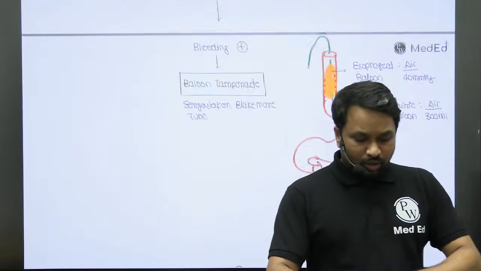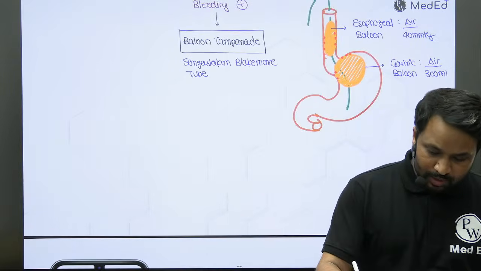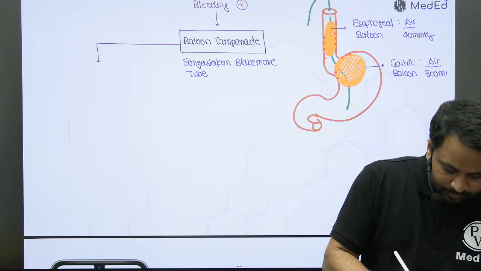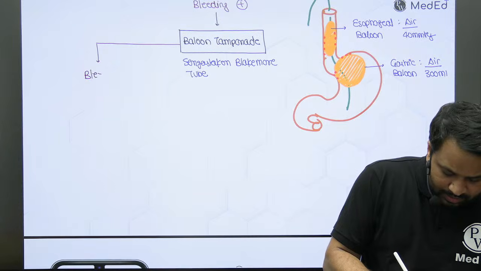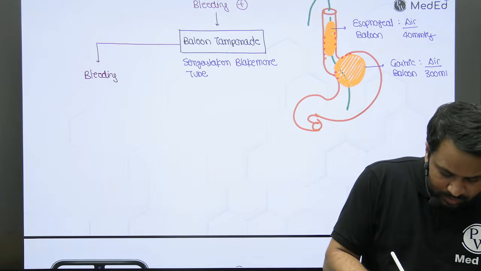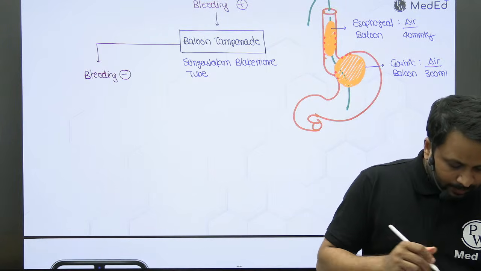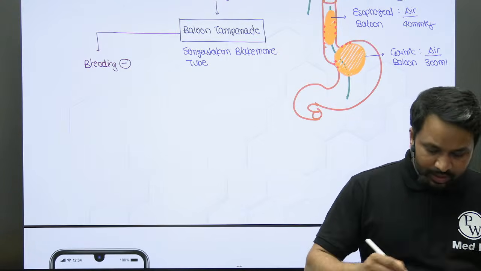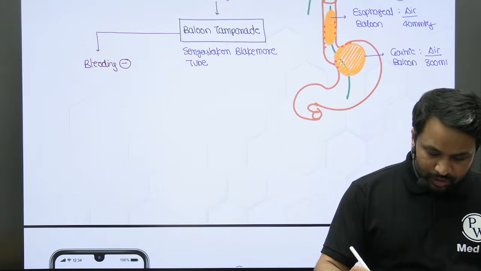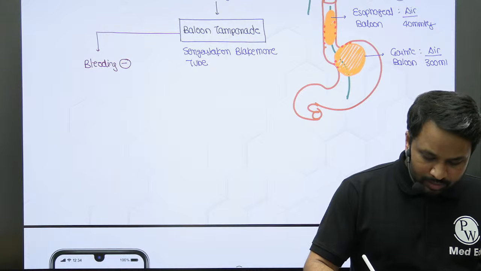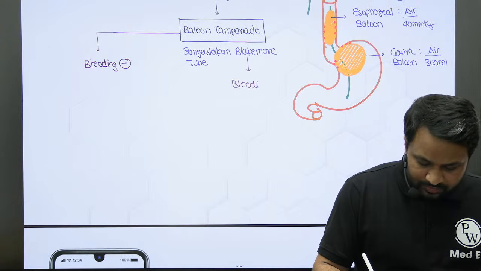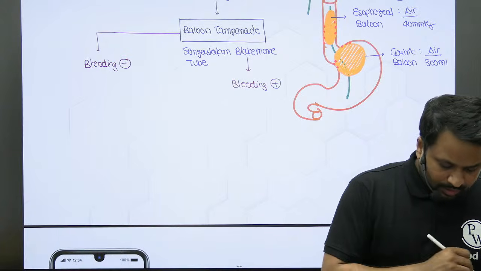By hook or crook, once the balloon tamponade is done, I would be able to achieve that the bleeding comes to a halt. Now, after balloon tamponade, again there are 2 possibilities: either the bleeding continues, or it stops.